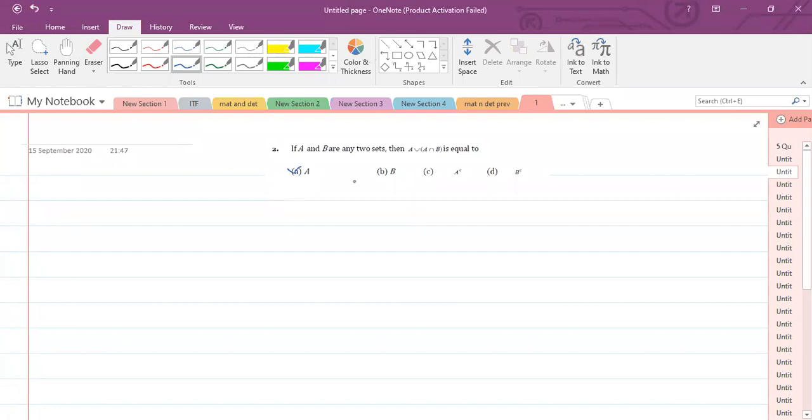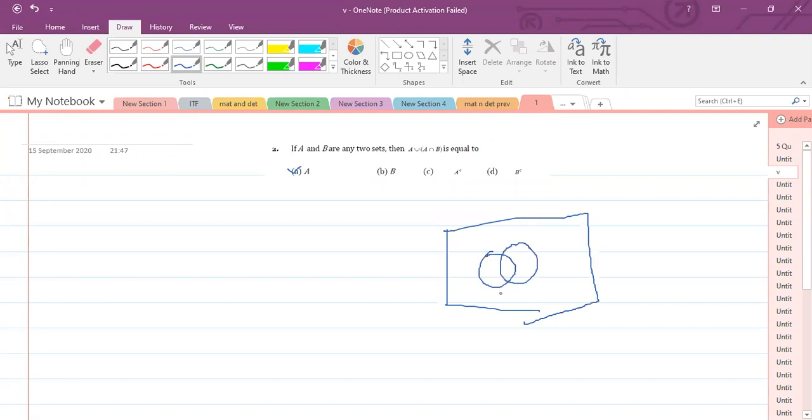Answer will be A, because here it is A union A intersection B. See here from the Venn diagram. Suppose these two are A and B, so A intersection B will be this particular part. Union A means it will be A itself.